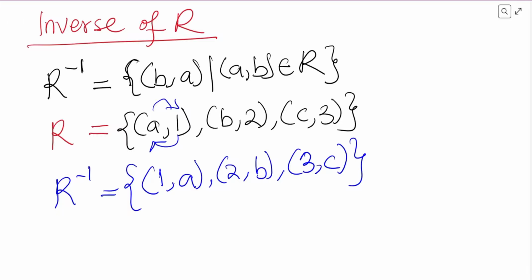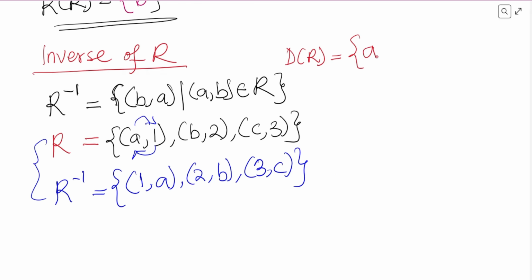And at this point, let's have a look at the domain and range of these two relations. The domain of R is A, B, C, and the range of R is 1, 2, 3.